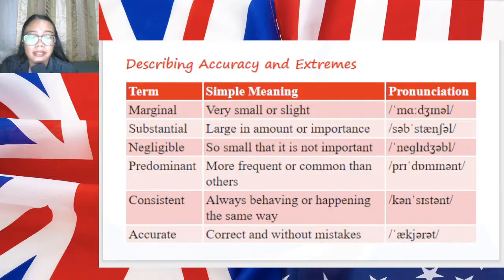Again, predominant. Next to this is consistent, which means always behaving or happening the same way. You can think of something reliable and unchanging. That is consistent. When something is consistent, it maintains the same pattern, the same quality or behavior over time or across different instances. So it implies reliability, uniformity, and lack of significant deviation.